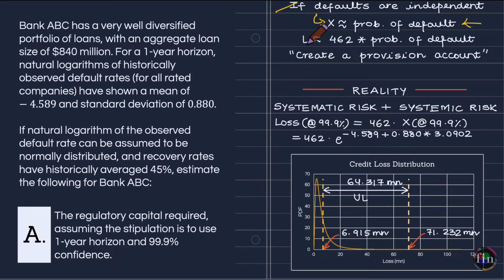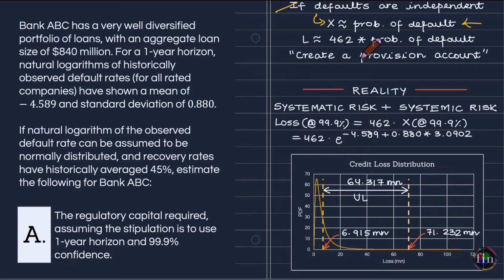Okay, now this is an assumption which is difficult to defend in practice, this assumption of independent defaults. If you were to take a look at the behavior of your borrowers, what you will observe if you were to go one layer deeper is that your borrowers are influenced by a number of common factors.